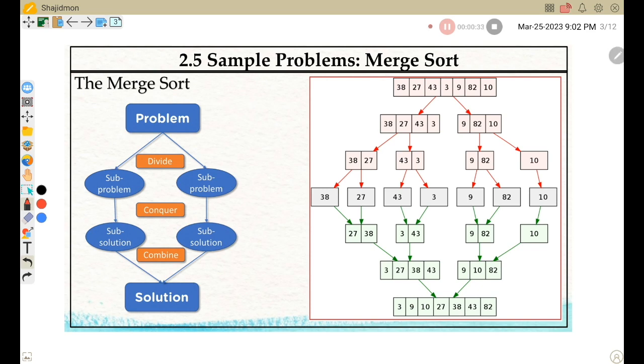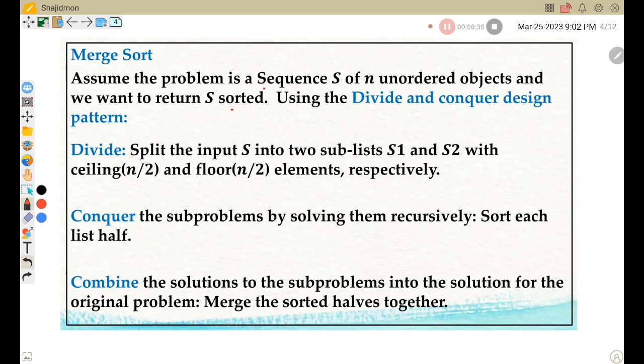We have a sequence S of n unordered objects, and we want to sort this list using the divide and conquer design pattern, that is, by using merge sort.